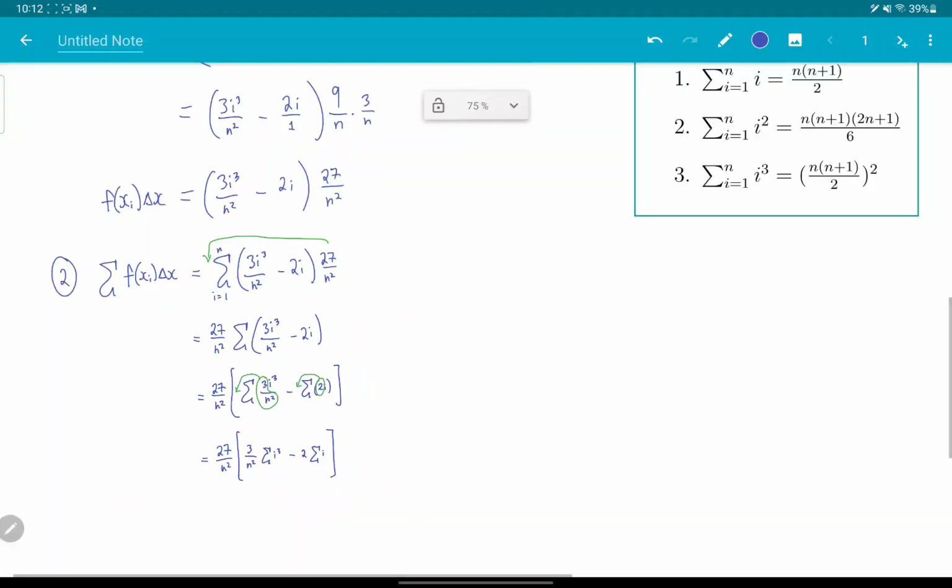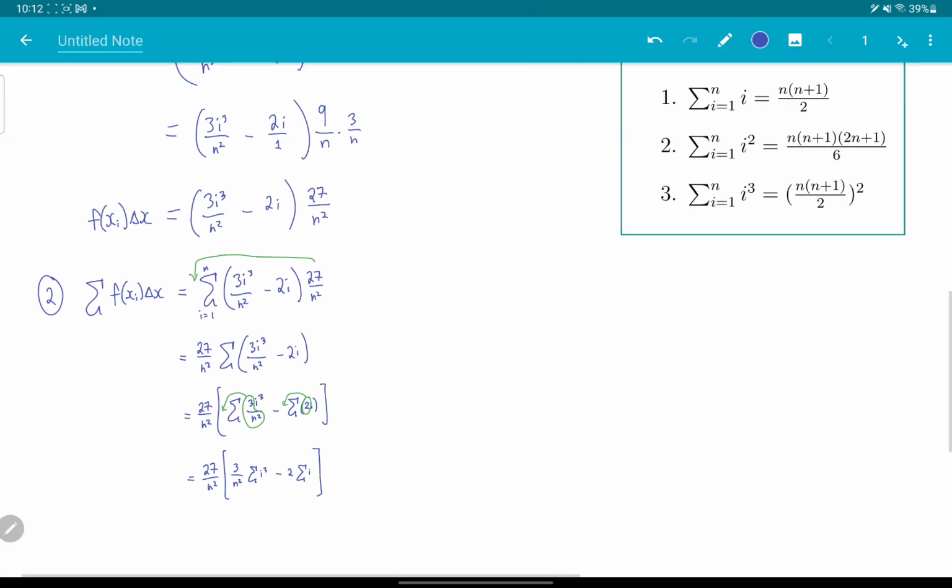What are those formulas? Here they are. The first one here is given by that formula right there. And then this guy here is given by that formula. So I can plug things in.